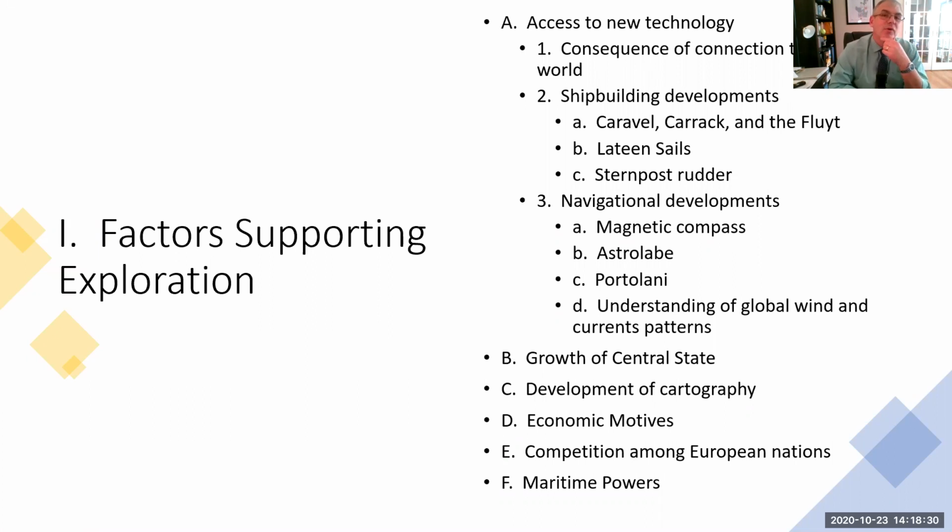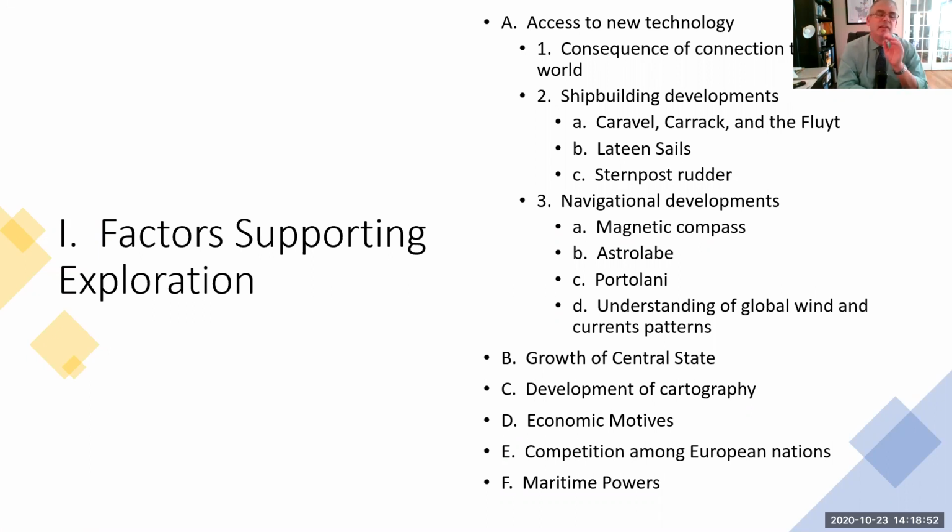Letter B, the growth of the central states. So if you remember, West Europe is undergoing a process of centralization where we're getting centralized states developing. Spain has developed into a Christian state, kicking out the Muslim and Jewish populations. Portugal is centralizing. England is centralizing.